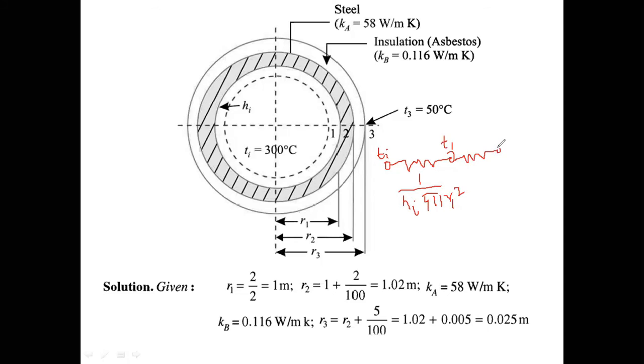Then T1 to T2, what will happen? This is the conduction resistance in the spherical surface. So for spherical surface, what will be the resistance?